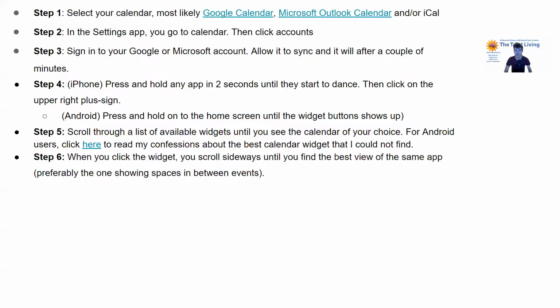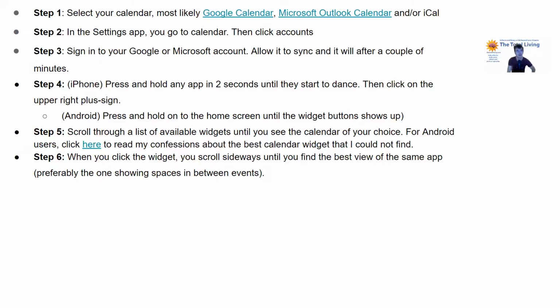Step 6, when you click the desired widget, you scroll sideways until you find the best view of the same app, preferably ones showing spaces in between events, which is why I like the built-in iPhone calendar, because it truly represents the calendar that you normally see in the app.